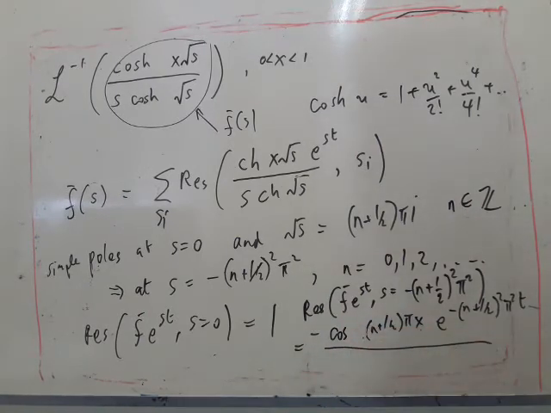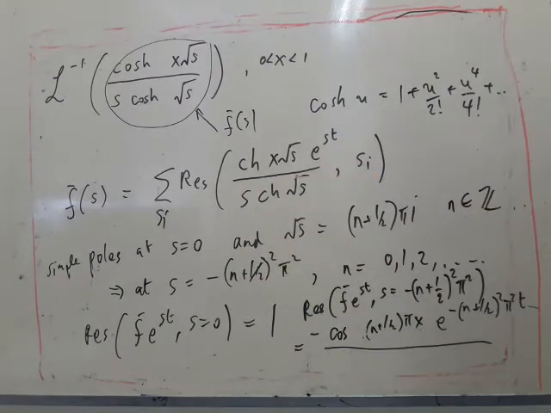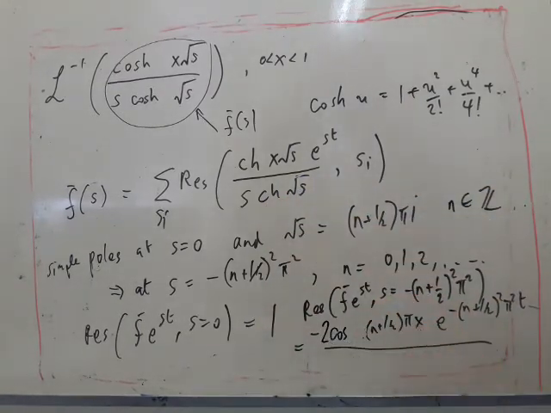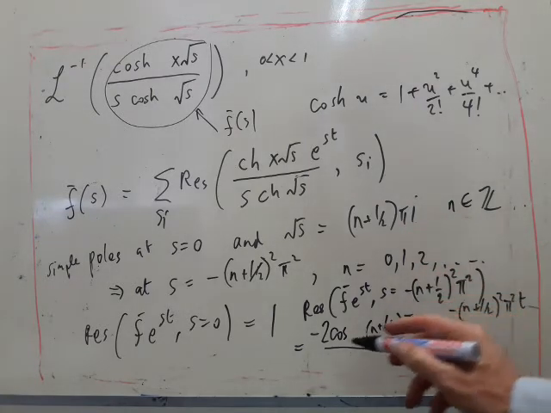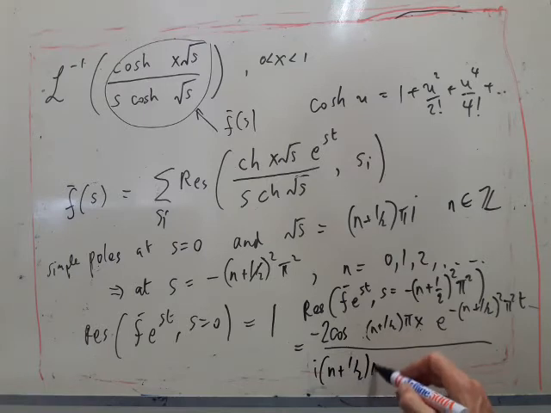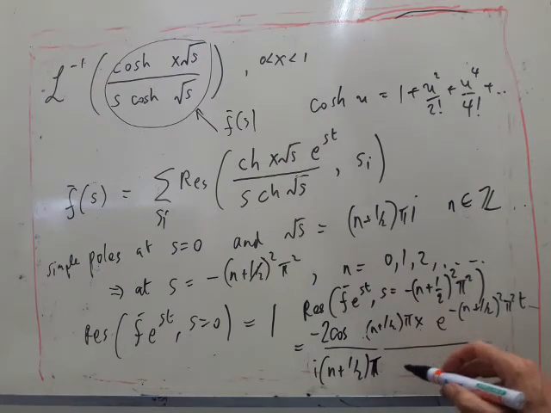So, sorry, when I differentiate the cosh, I'll get 1 over root s, so that gives me a root s. Okay, so I'll get a root s times a half, so I get a factor of 2 upstairs, times sinh root s. So the root s will, as in this case, just give me i times n plus a half pi i, sorry, plus pi, and then I've got sinh.